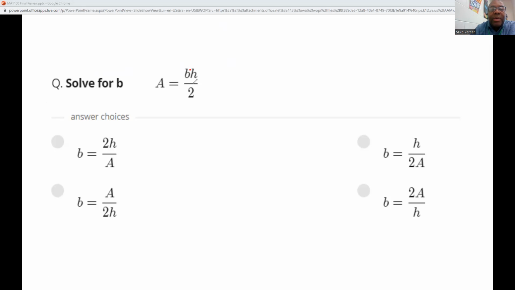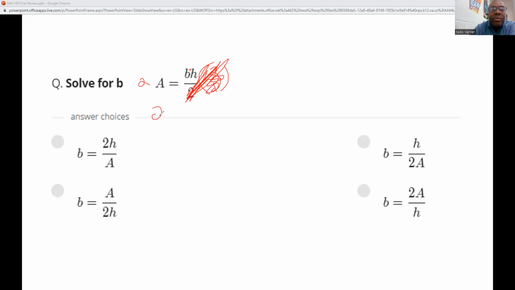I just want B and H by themselves. So I'm going to multiply both sides by 2. Actually, it's 2 over 1. But I can just do both sides by 2, right? Now this 2 cancels out this 2. And since it's a 1, I can just cancel the whole thing out.